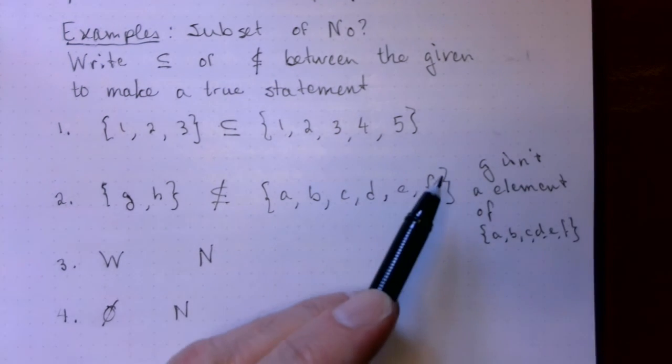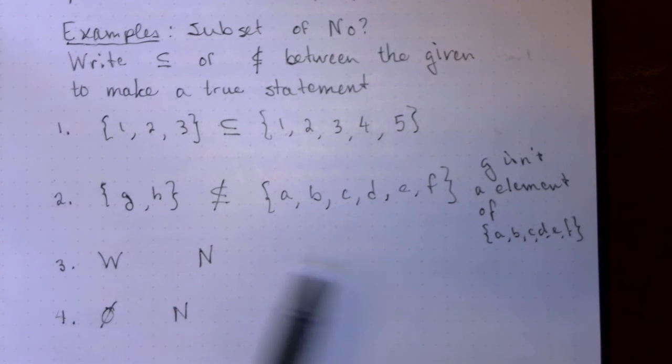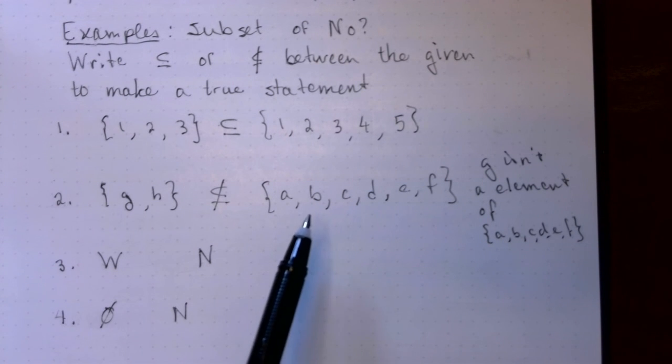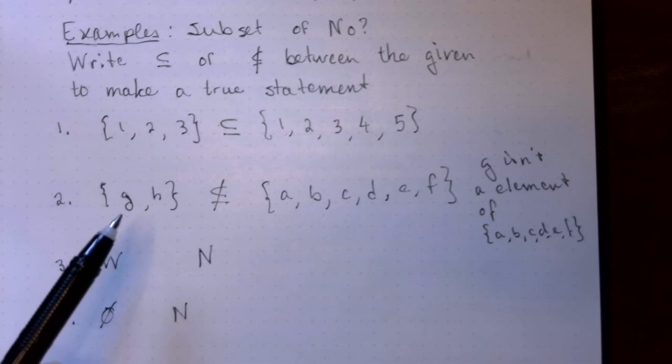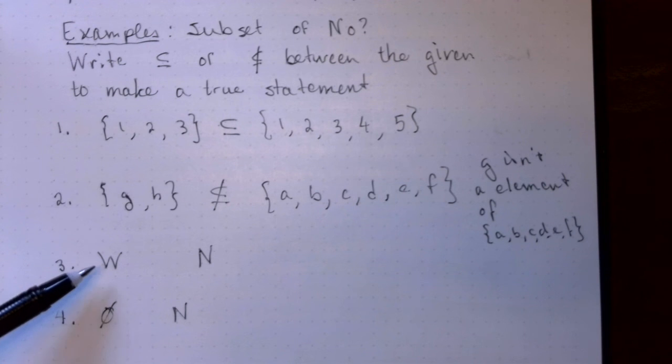So if we ever are trying to convince somebody that one set isn't a subset of another one, all we have to do is take an element in our left-hand set that doesn't belong to our right-hand set. Now here I've got two special sets.